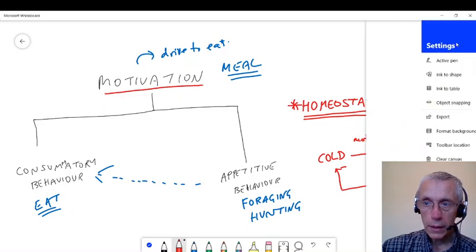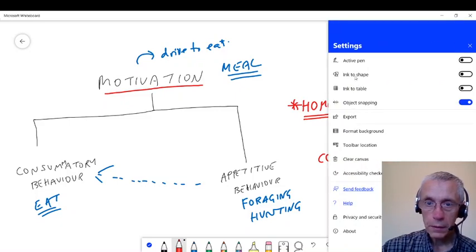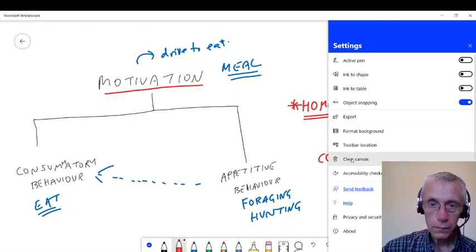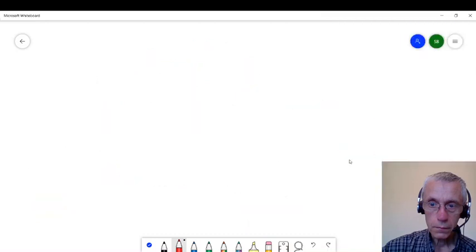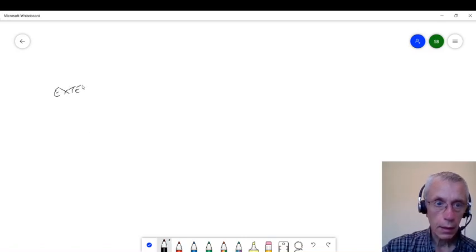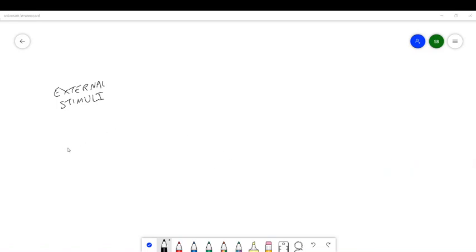So let's come up with a model of how motivation actually works. On the one hand, we have these external stimuli. That might be a nice cream cake or whatever.